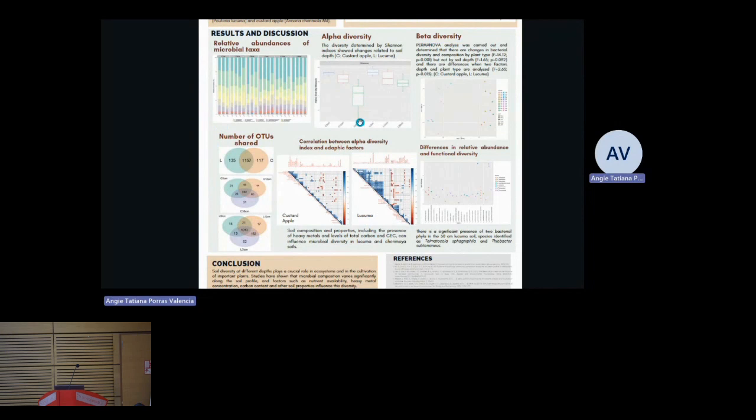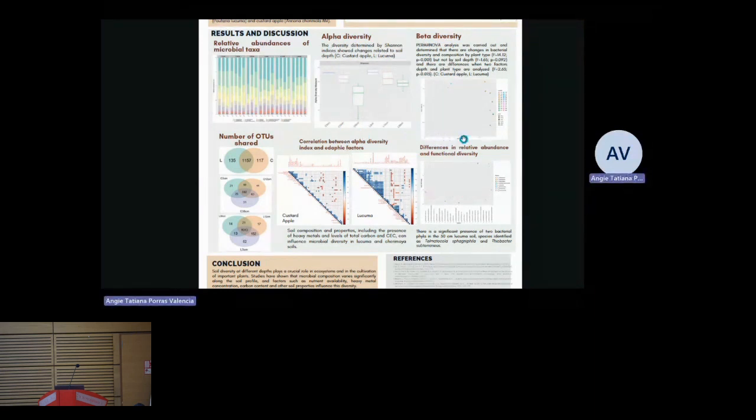The analysis of alpha diversity was determined by the Shannon index. The results indicate that there are changes related to soil depth, since the highest indices were found in the samples near the surface, 3 centimeters, and the diversity was reducing up to 30 centimeters.